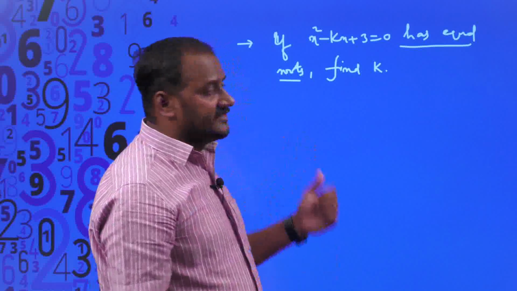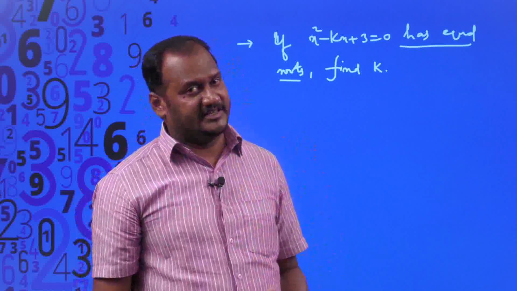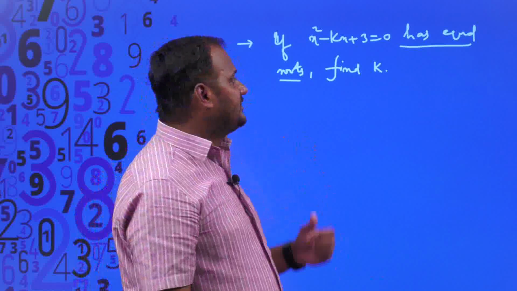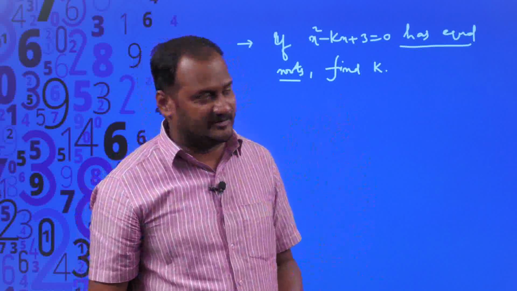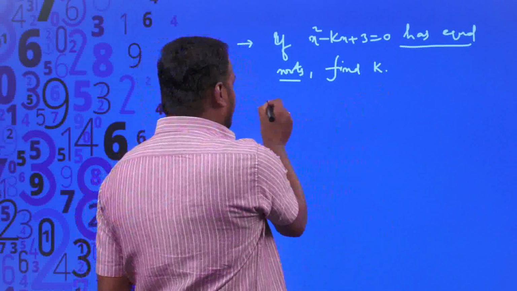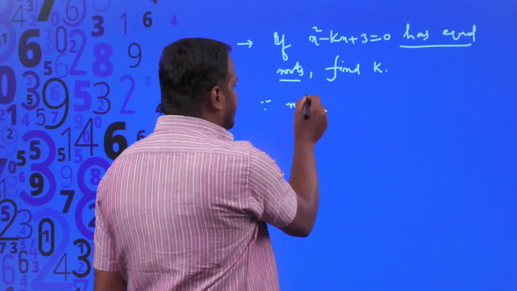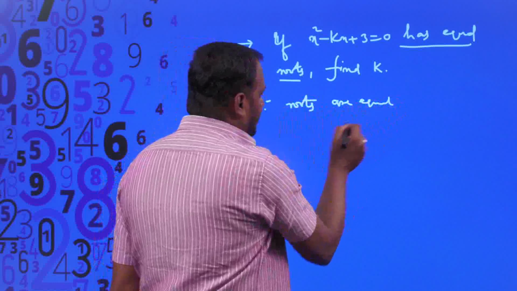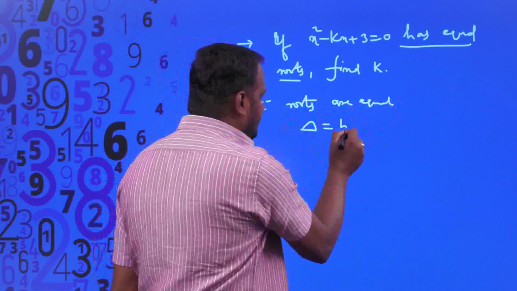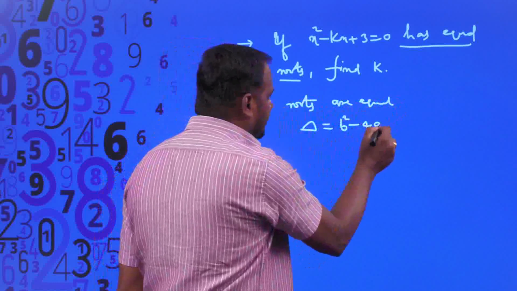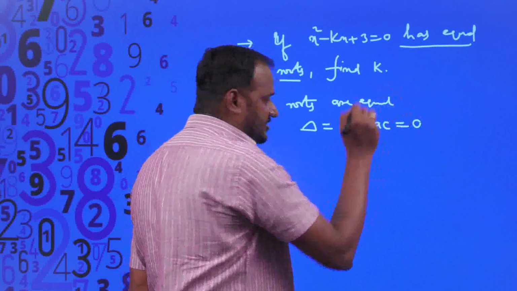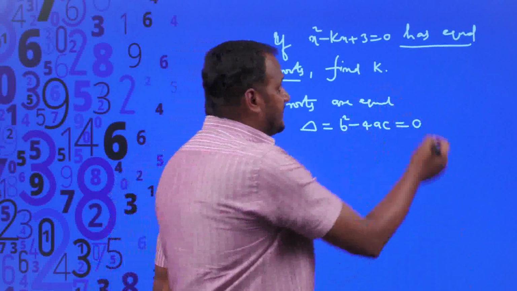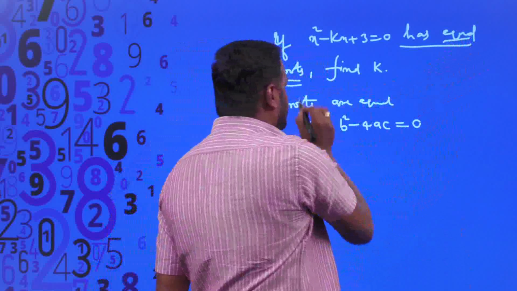Yes, we have a key point, then with that key point we can easily answer this problem. Since the roots are equal, delta, which is b square minus 4ac, is going to be 0, because it has equal roots.